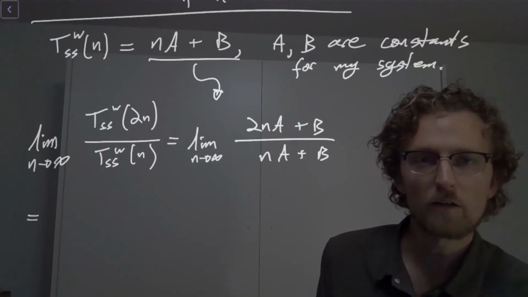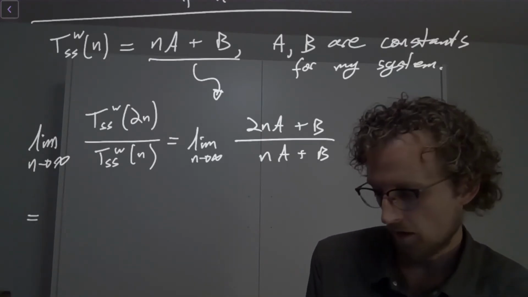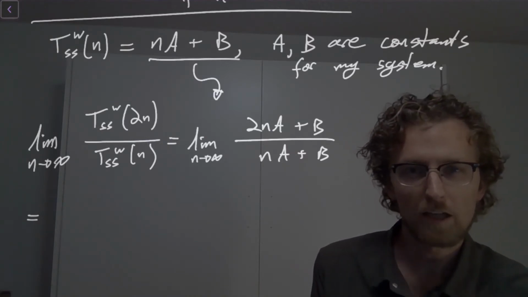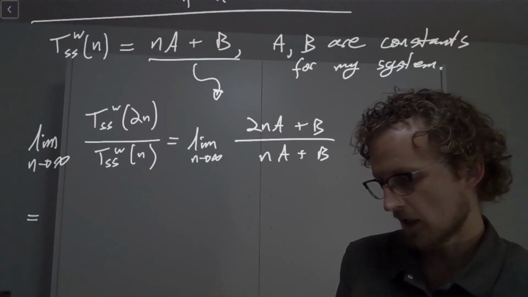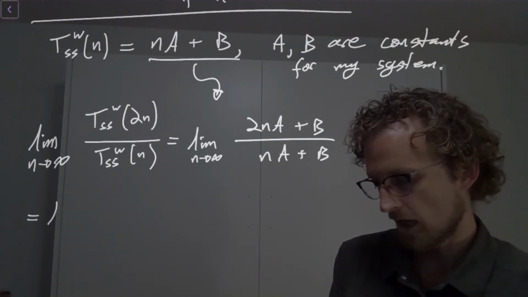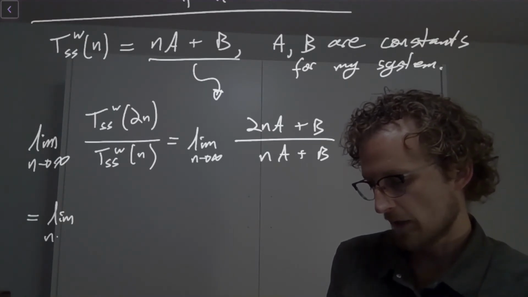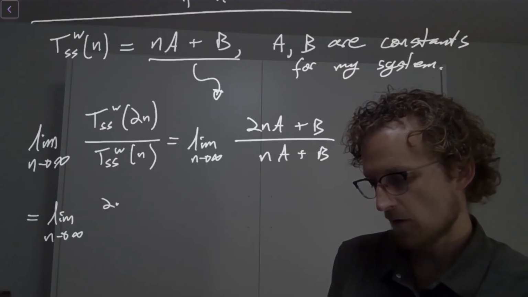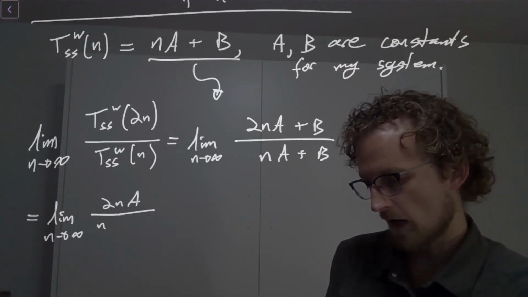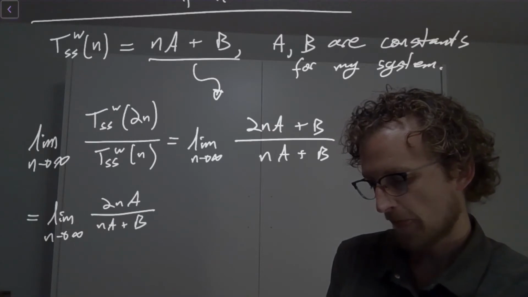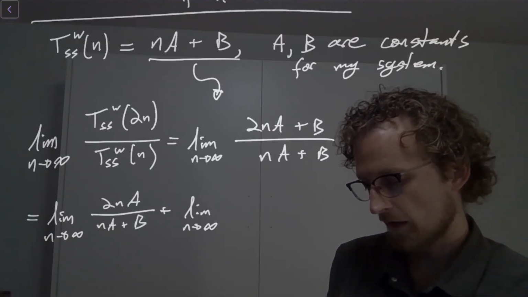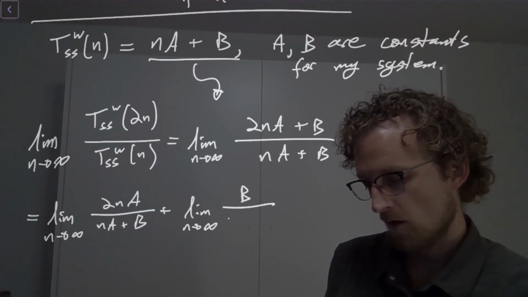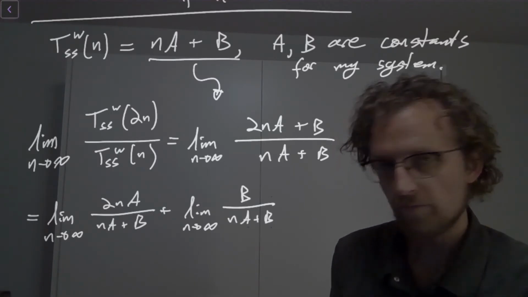Well, one thing we can begin by doing is separate this into two different terms. This isn't even calculus yet, this is just algebra. So I can say, what's the limit as n approaches infinity of 2na over (na plus b), plus the limit as n approaches infinity of b over (na plus b).